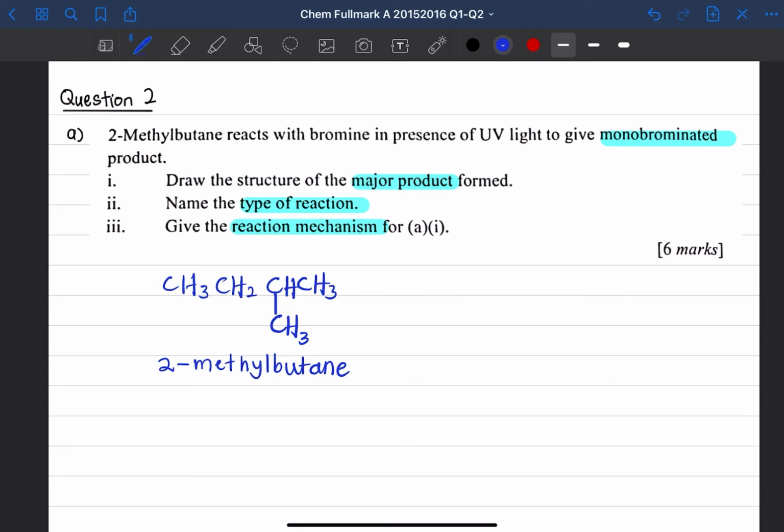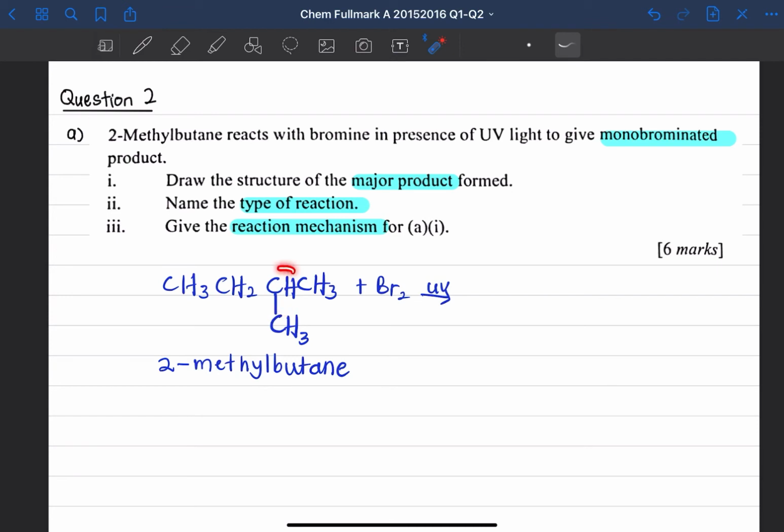And this 2-methylbutane reacts with bromine in the presence of UV. So now you have to give the major product. The major product comes from the more stable free radical. So it comes from this carbon.